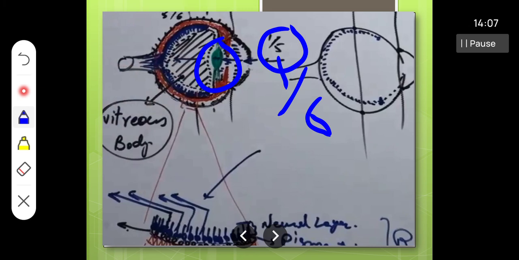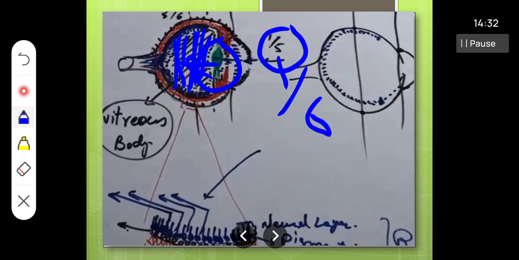Another thing is, behind the lens there is a fluid or jelly like material. Just behind it, this part is filled with a fluid like structure. That jelly like material which fills the remaining part of the eyeball behind the lens is called vitreous humor or vitreous body.